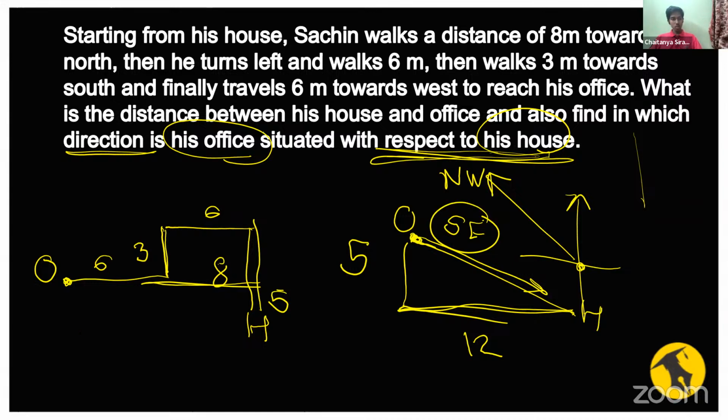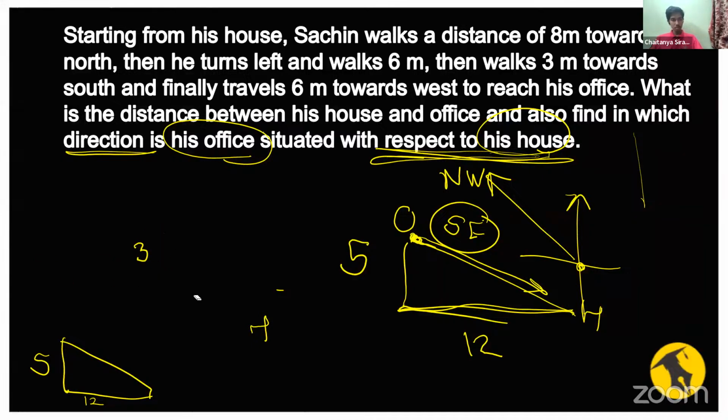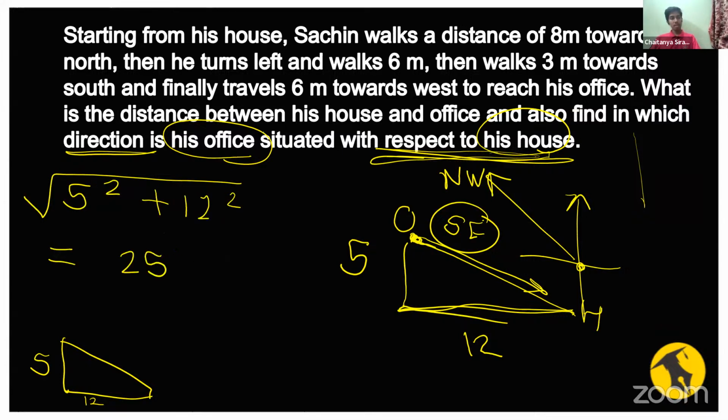Now let's find the distance. So I have a right angle triangle. One side is 12, one side is 5. So I know the answer is 13. I'll solve it for you once. So this is square root of 5 square plus 12 square. This is nothing but square root of 25 plus 144.